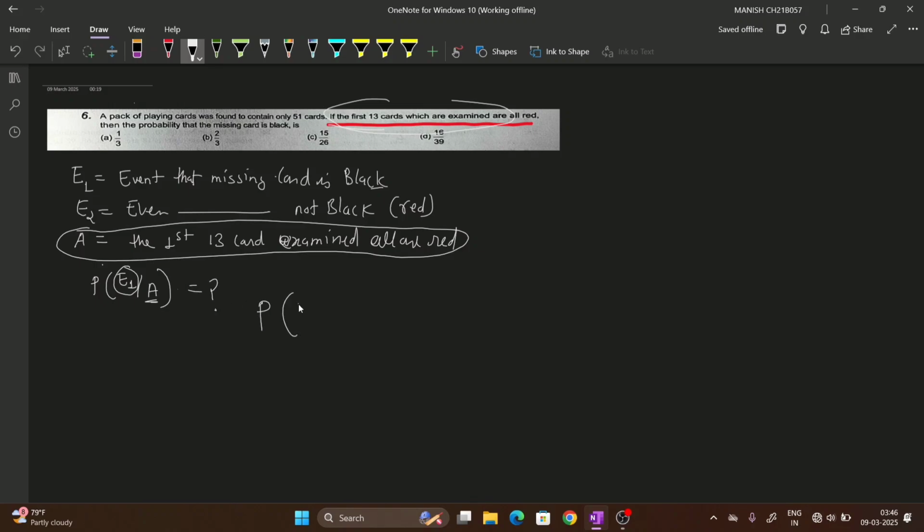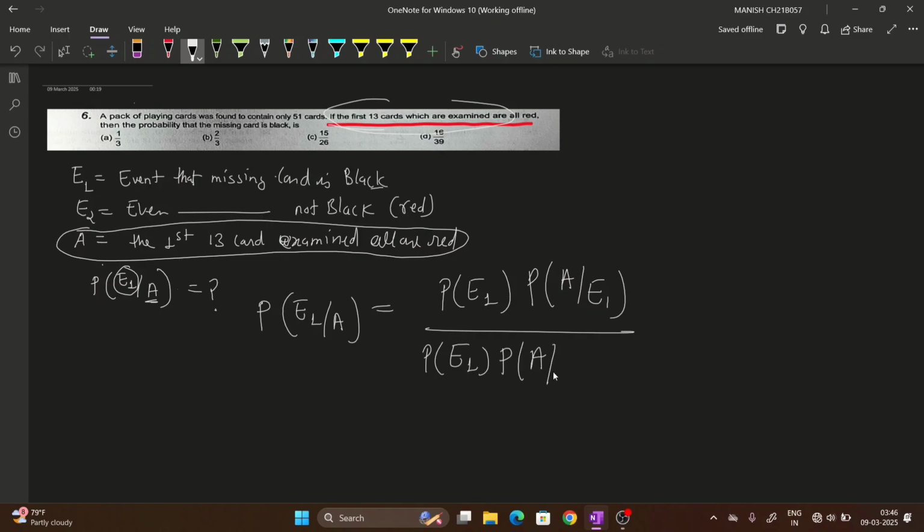So the probability of E1 given A is the probability of E1 times the probability of A given E1, and then so on. I will explain this formula also. P(A given E1) says that if the missing card is black, then what is the probability that the examined cards are red.